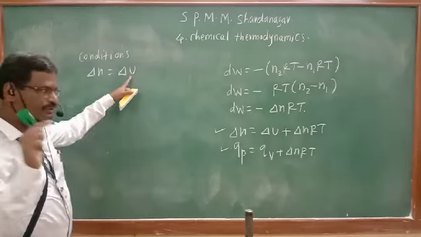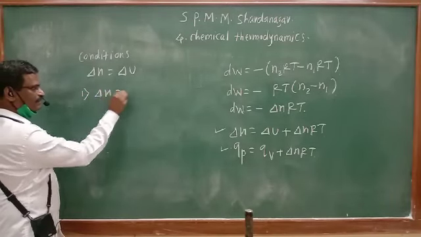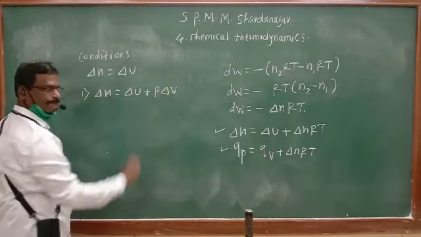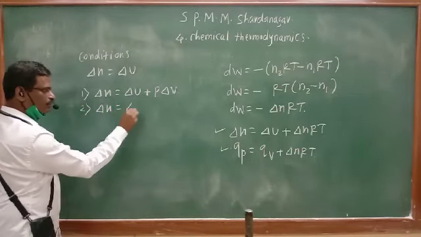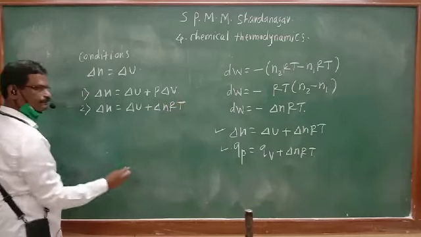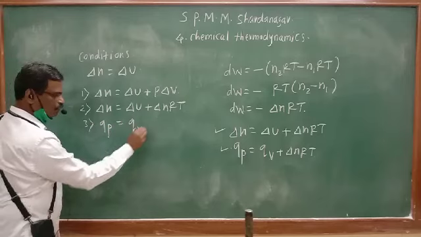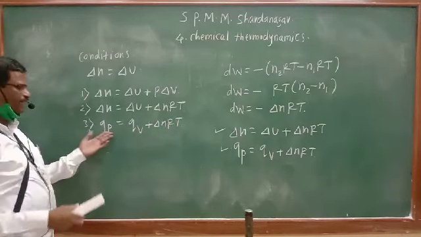See, I am writing the equations once again. We have seen this equation, delta H is equal to delta U plus P delta V. The second equation, delta H is equal to delta U plus delta nRT, and third one is QP is equal to QV plus delta nRT. One and same.